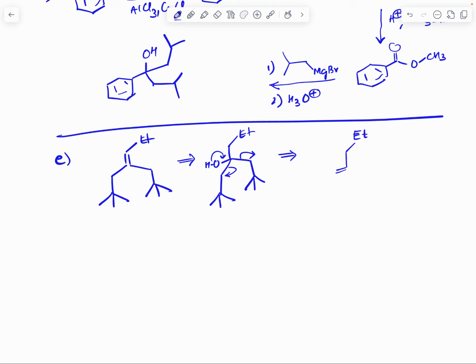Then you have C double bond O, and we can do OCH3. So that's the ester. And then these two pieces are the Grignard, so it's going to be MgBr. All right, so now we have a strategy. So let's do the synthesis.